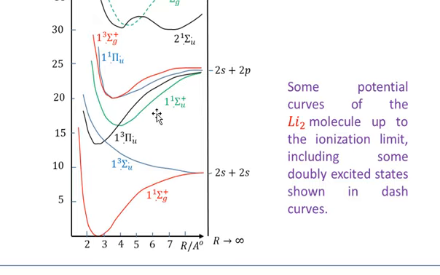Now the other curves, for example the black curve, the green curve, the blue curve, and the red curve, will converge when R goes to infinity to the state referred to as two separated atoms, for example 2s and 2p.